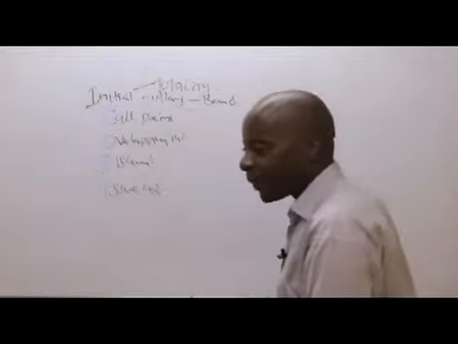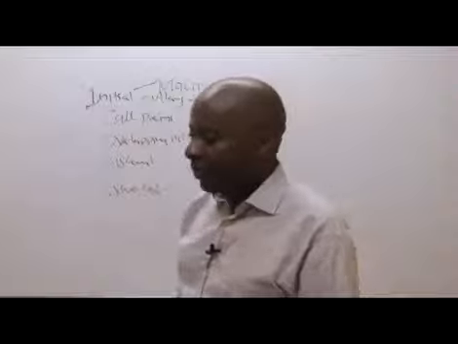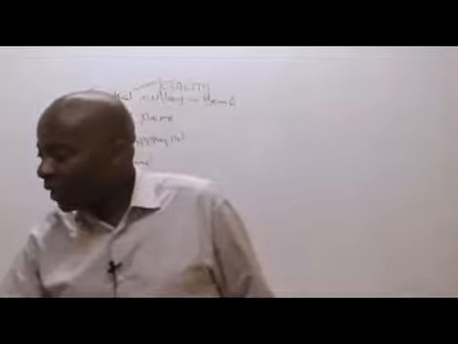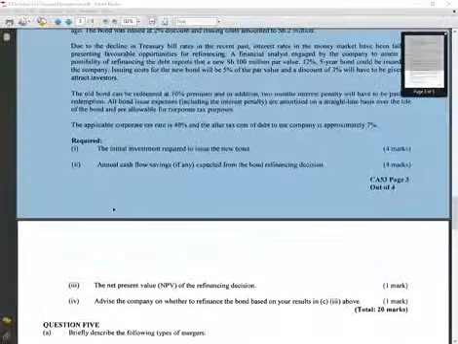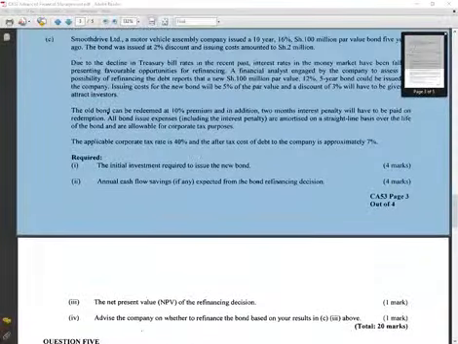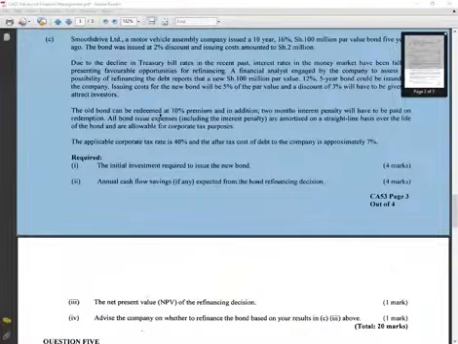So the call premium, ladies and gentlemen, they have given us the percentage. They told us the old bond can be redeemed at a 10% premium. So the owners of the old bond will tell you, hey, you want to cancel our bond?